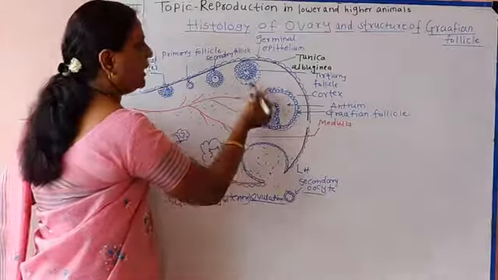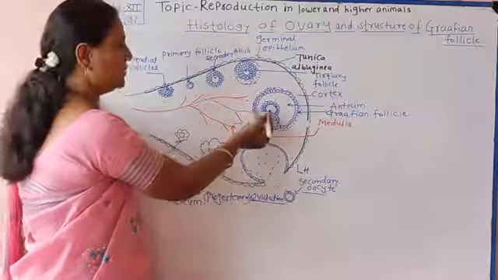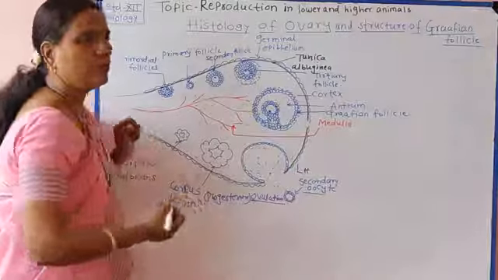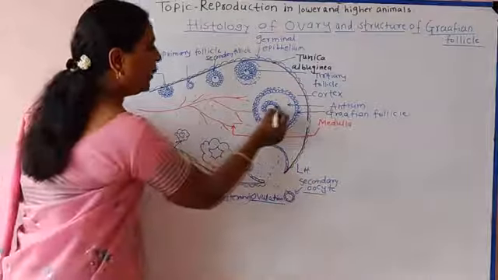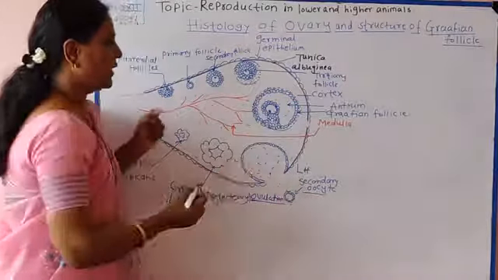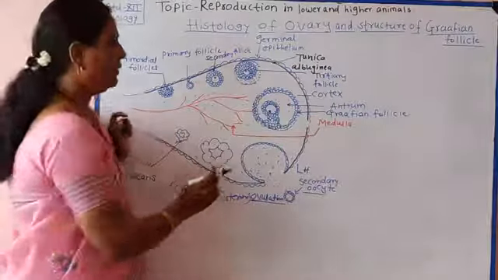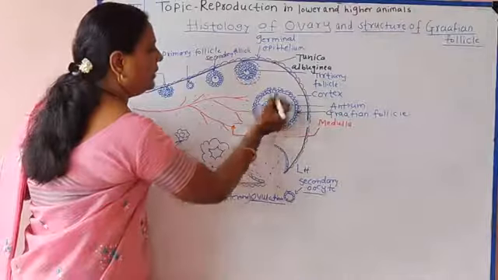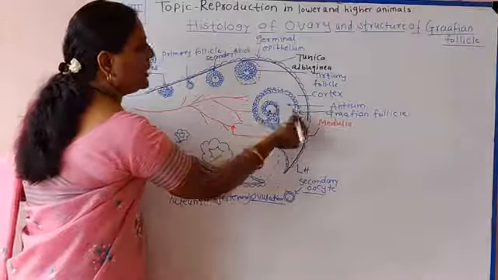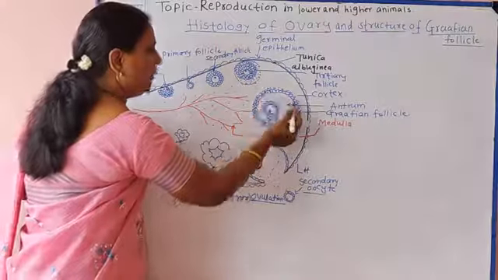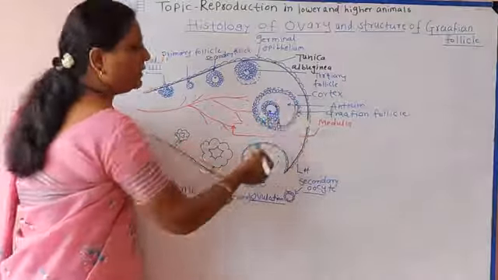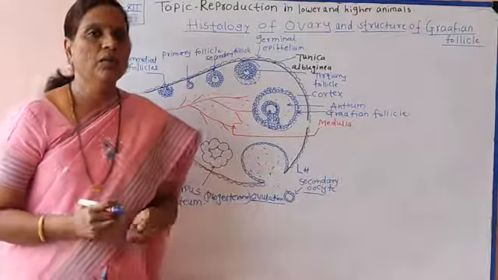The primary oocyte divides, meiosis first takes place, and the secondary oocyte is formed along with one polar body. This secondary oocyte is present at one side of the Graafian follicle. The granulosa cells, or follicular cells, secrete the hormone estrogen.